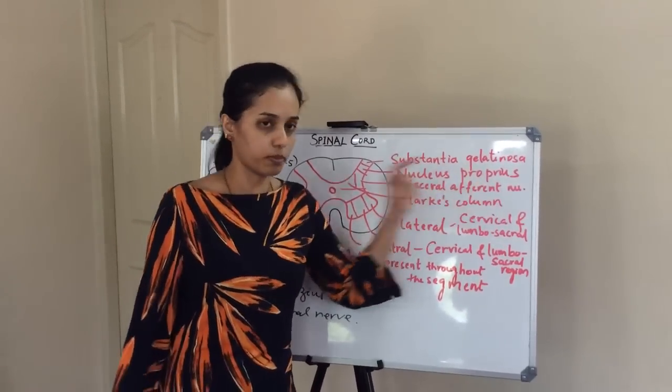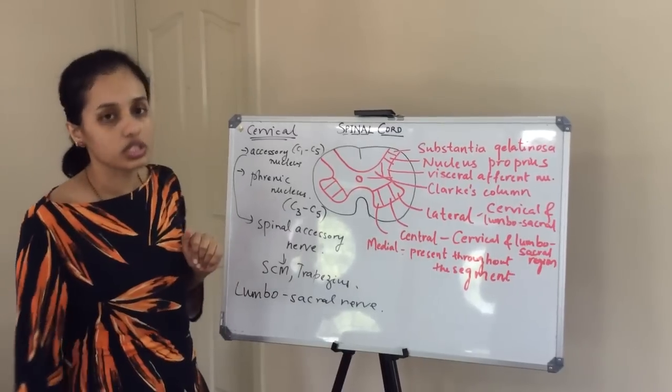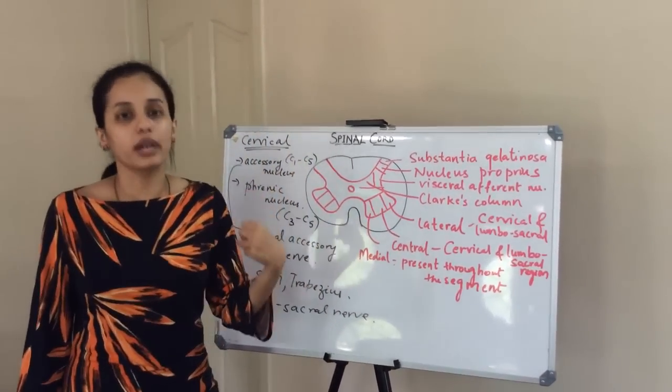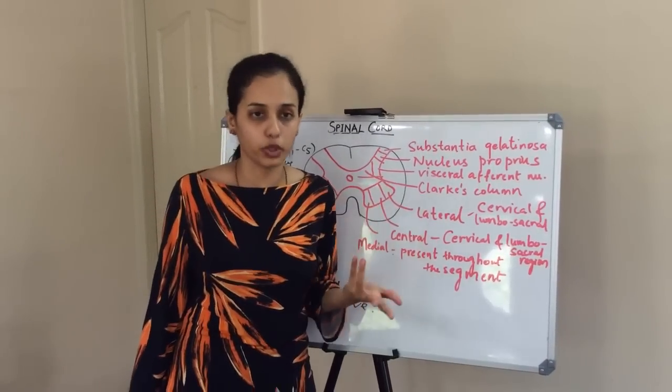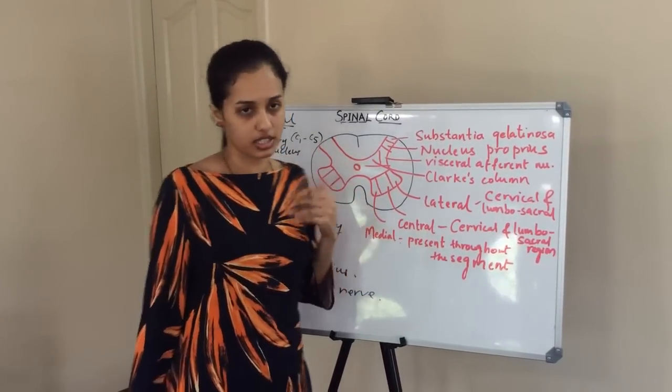The nucleus proprius has cell bodies associated with the sensation of movement and position, which is called proprioception, then 2-point discrimination and vibration sensation.